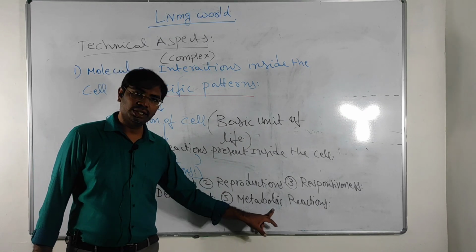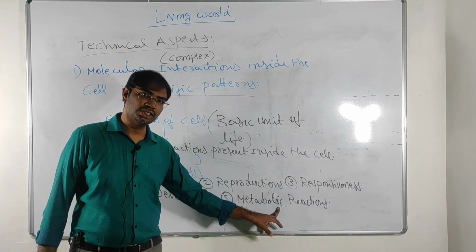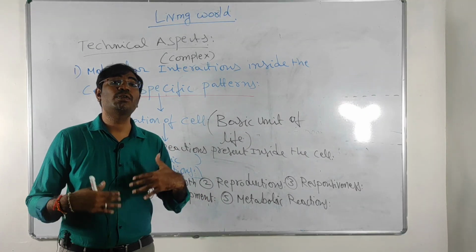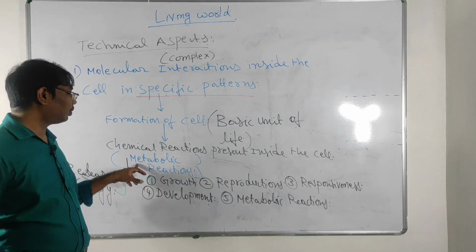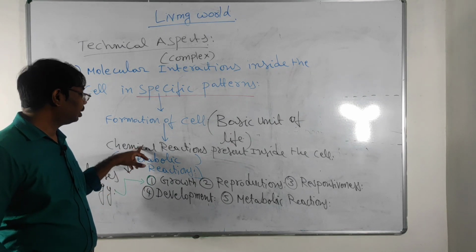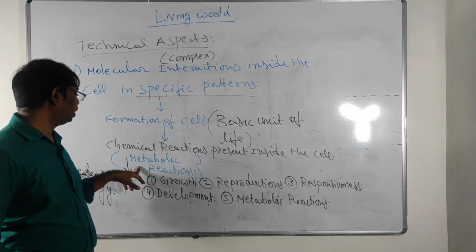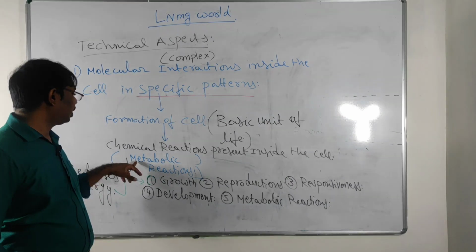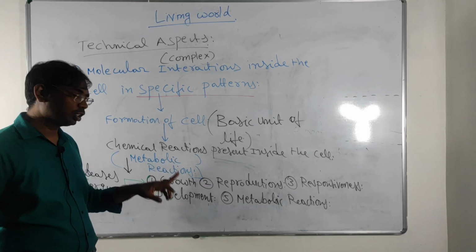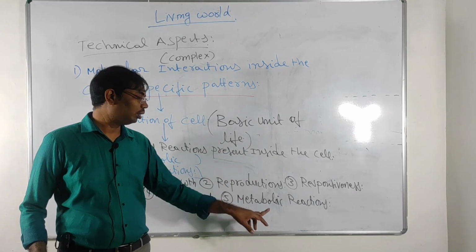And metabolic reactions means chemical reactions present inside the cell. For all these activities, energy is required. Who will provide that energy? That energy is provided by the chemical reactions present inside the cell. Those chemical reactions are also called metabolic reactions. The metabolic reactions release energy. That energy is important for growth, reproduction, responsiveness, development, and metabolic reactions.